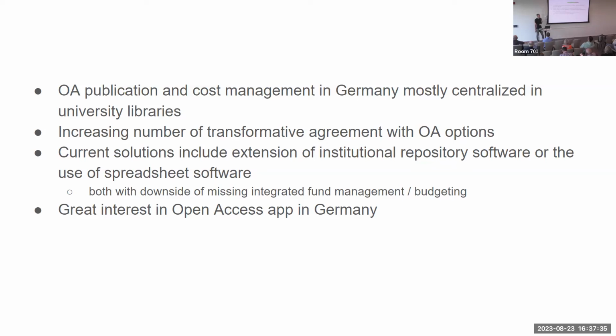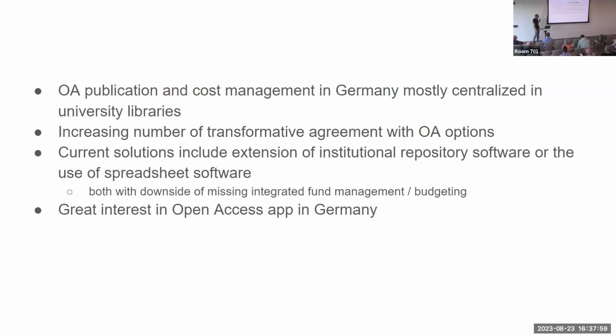The current solutions actually only include two ways. Some libraries use their institutional repository or extend it with data about open access publication and costs, and others use spreadsheet software like Excel.